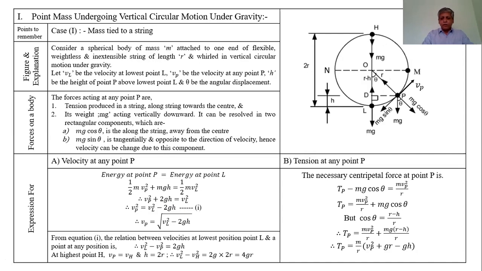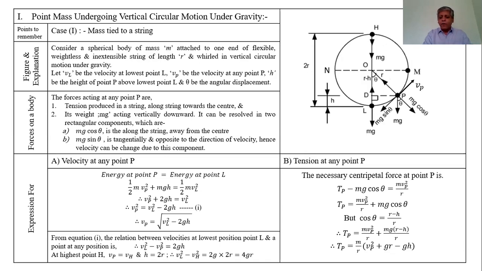Remember this. Now, from this, we can find out the tension at the lowest position, at the horizontal positions, and at the highest position H. Also, we can find the velocity or speed of the particle at the lowest, horizontal, and highest positions.